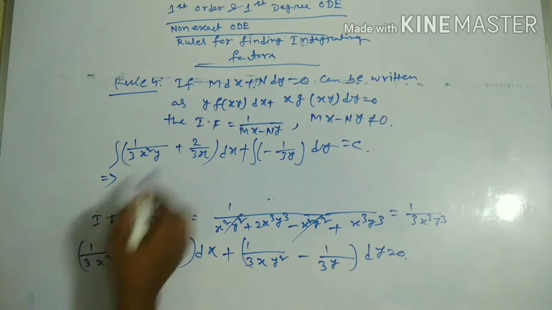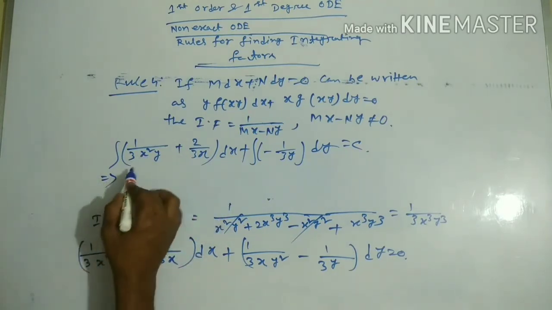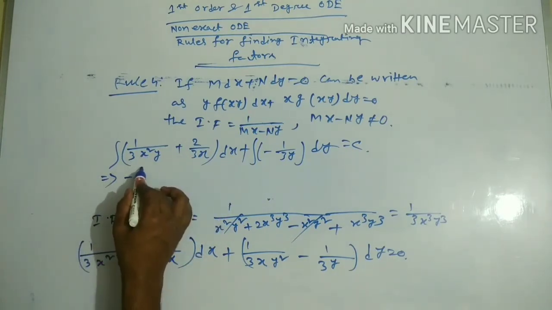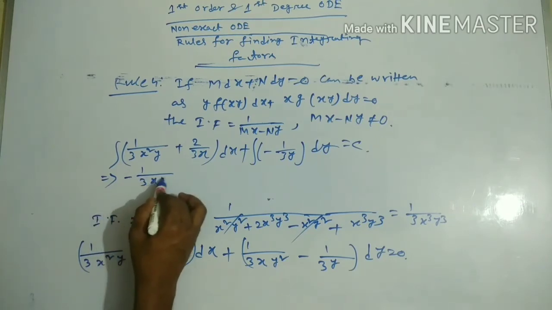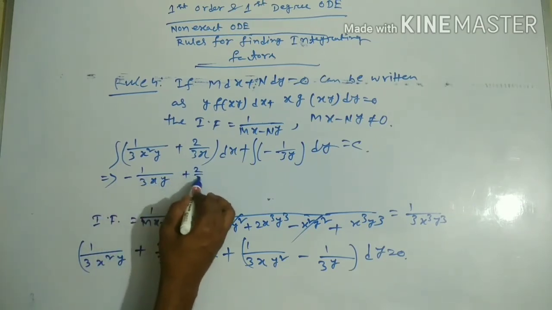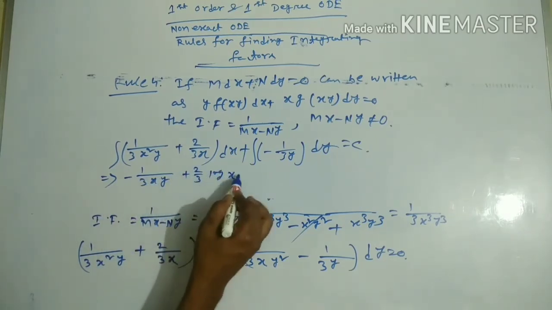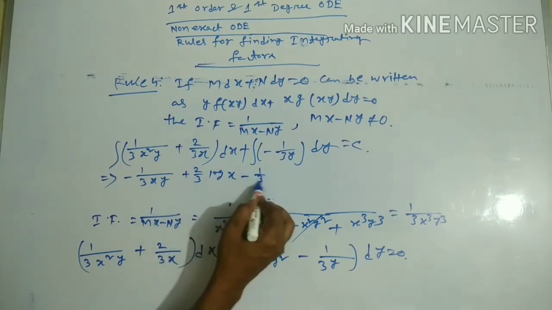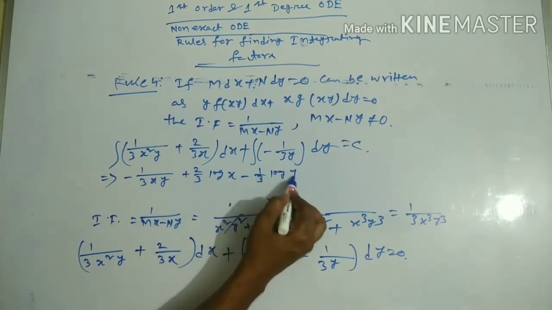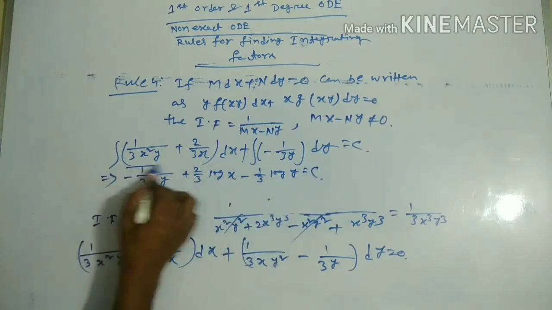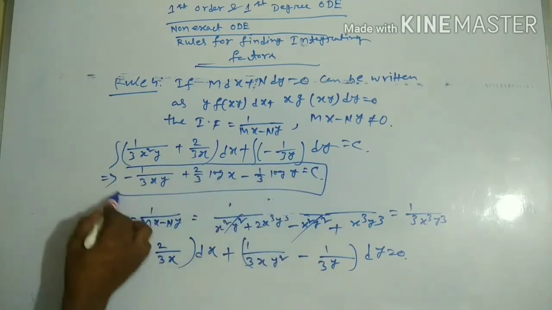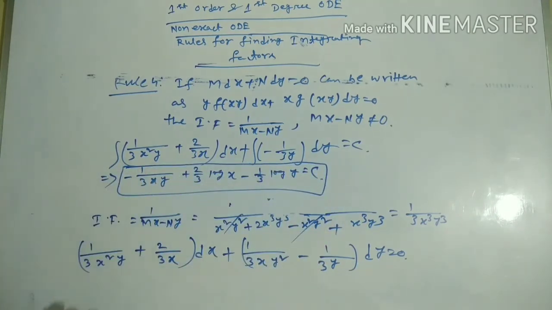Now we will integrate this. This will be minus 1/3 xy plus 2/3 log x minus 1/3 log y equal to c. So this is the general solution for this ODE.